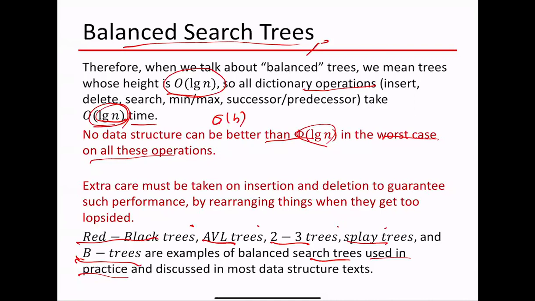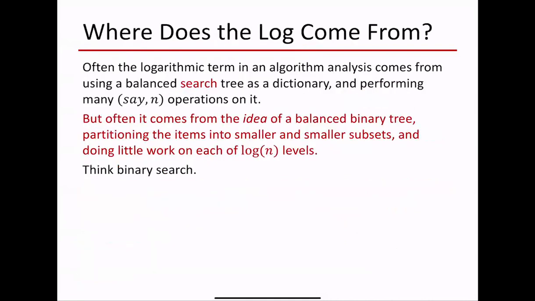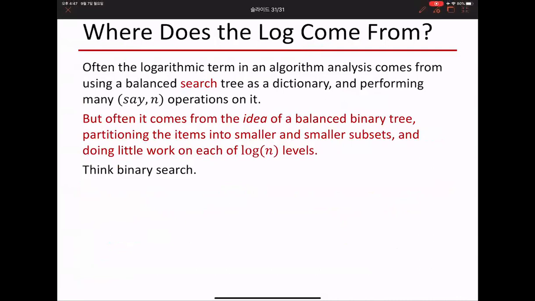Okay, so where does the log come from? We know where the log comes from, right? When we can do halving, when we can do doubling, that is where the log comes from. It comes from the idea of a balanced binary tree, partitioning items into smaller and smaller subsets, and doing a little work on log n levels.